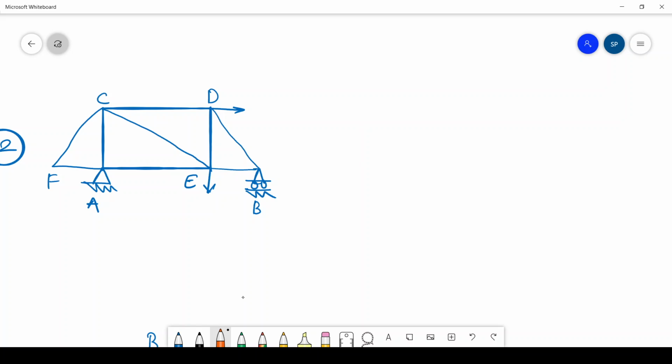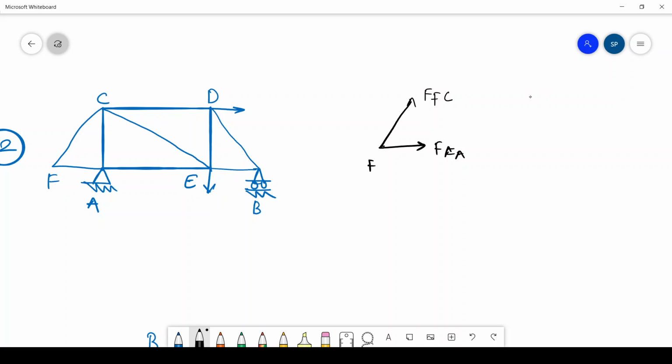If I consider this joint F and draw FBD for that, there is force along FA and there is force along FC. And if I apply summation Fy equal to 0, what is going to happen?